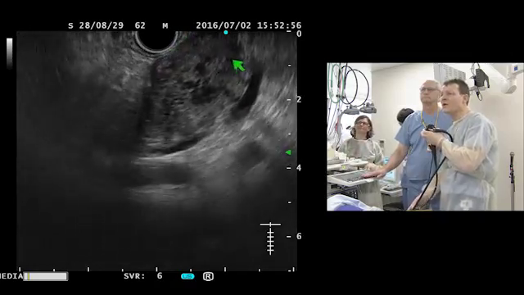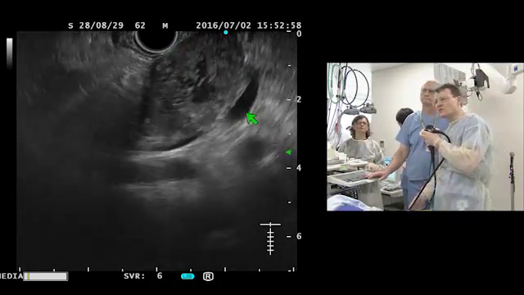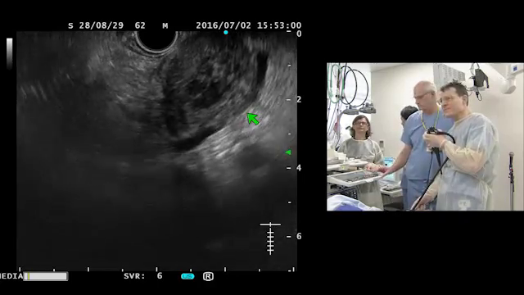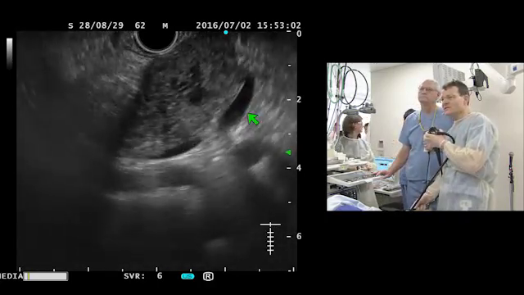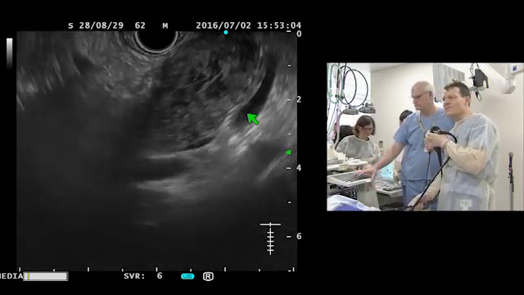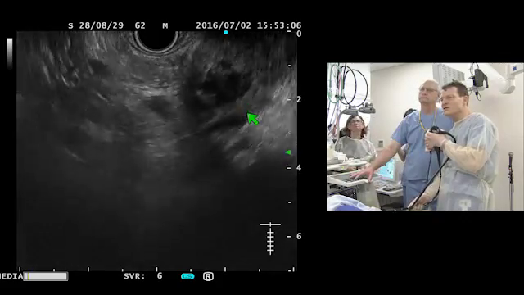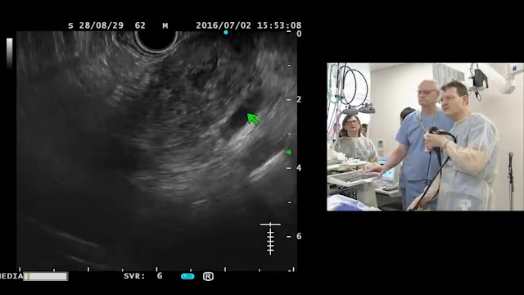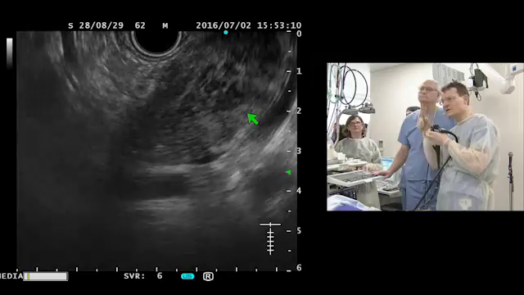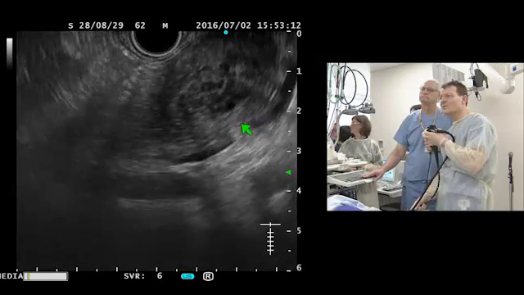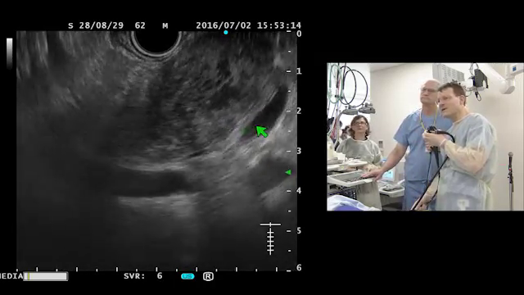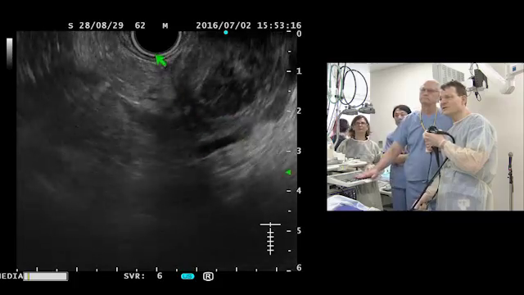And I think now we should focus more on the lesion. What we can notice here in this case, so, the lesion is clearly circumscribed and has a clear border to the other pancreatic tissue. That is the first point.